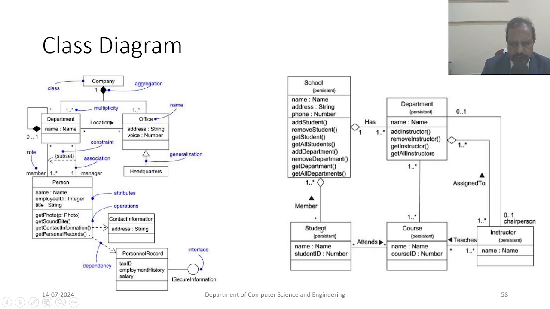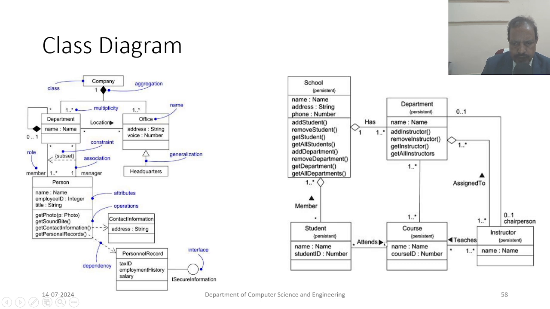Coming to Student, it is another class. It has attributes like name and student ID. Name takes the string data type, and student ID takes number. Now, the relationship between the school and the student is aggregation, because a school is an aggregation of a number of students. If students are not there, we cannot call it a school. Similarly, a course: a student is associated with a course, and a course is associated with a student.